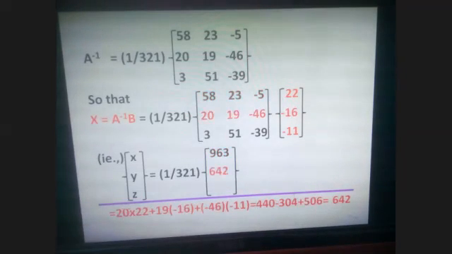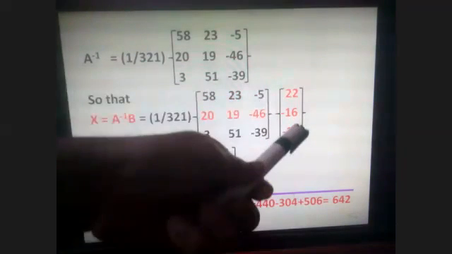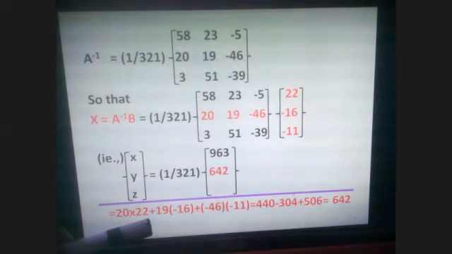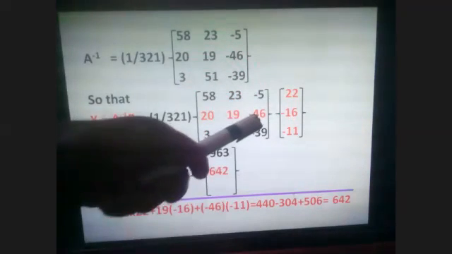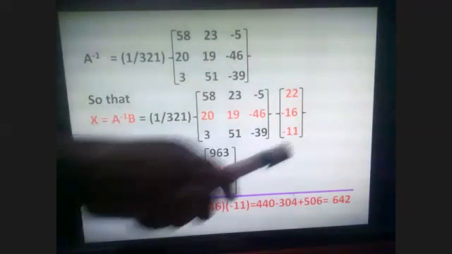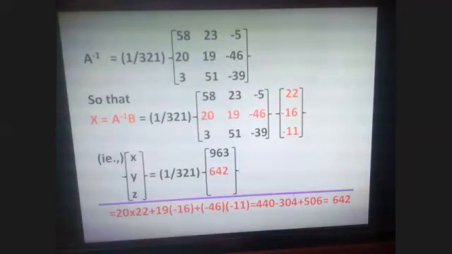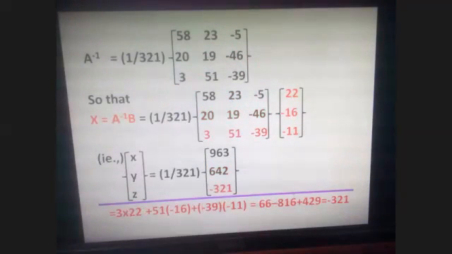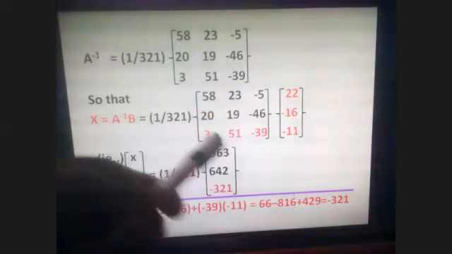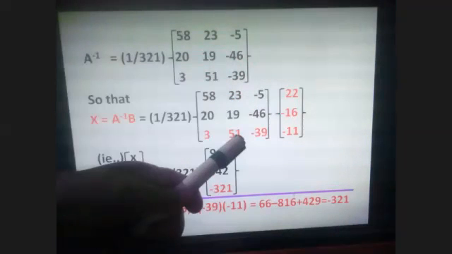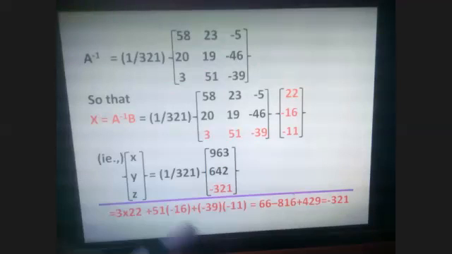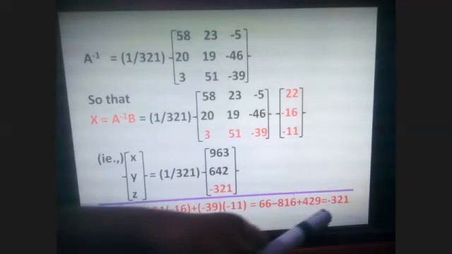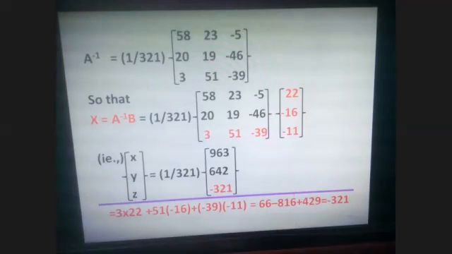What is the second element? Second row in this column, 20 into 22 plus 19 into minus 16 plus minus 46 into minus 11, and that happens to be 642. And third row, 3 into 22 plus 51 into minus 16 plus minus 39 into minus 11, that is calculated to be minus 321. So what is the XYZ?